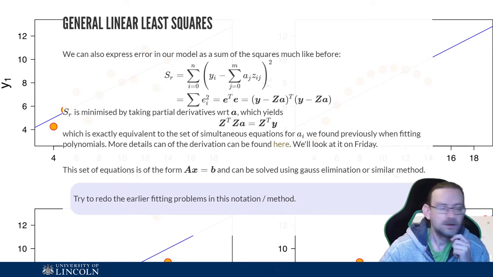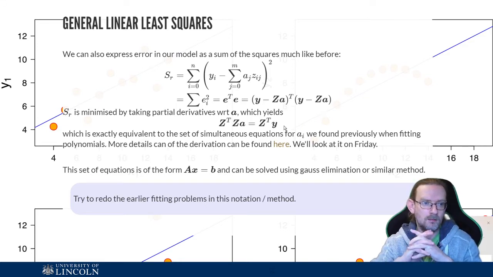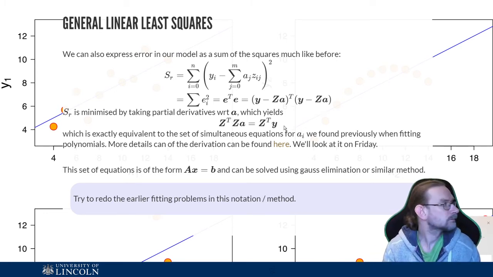So to actually implement it, you just need to build this Z matrix by writing some routines to evaluate the basis functions at the different points, and then take these combinations of them.